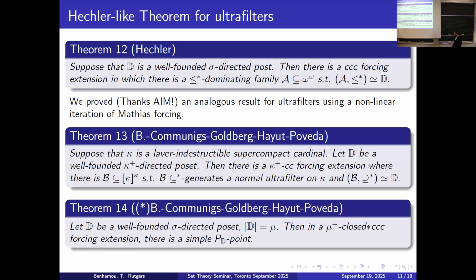The star is because in the preprint we still didn't update the second one. You mean on omega, right? Because you're not saying an uncountable cardinal. Oh yeah, on omega. Okay, second one on omega.